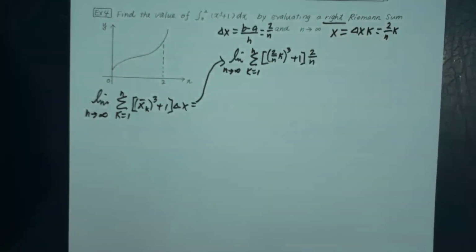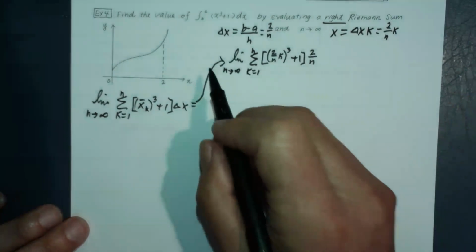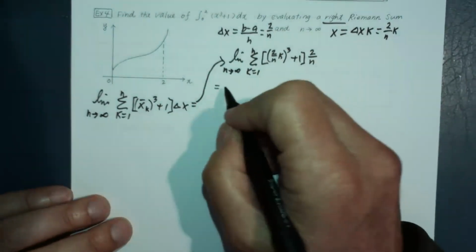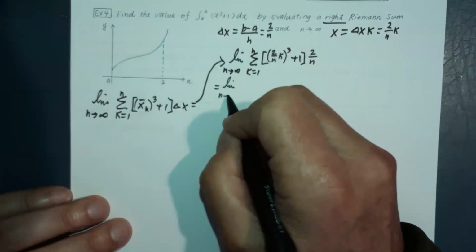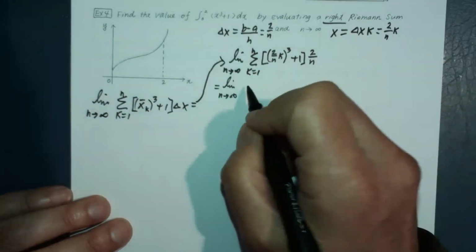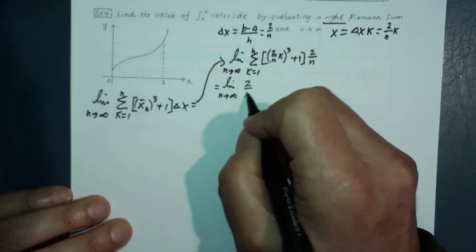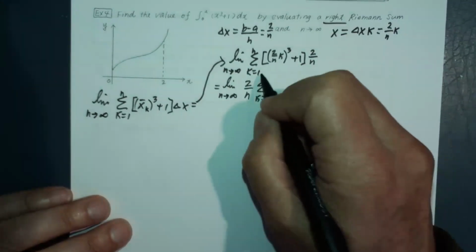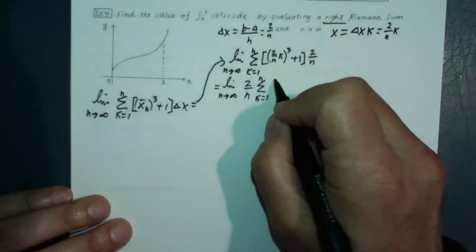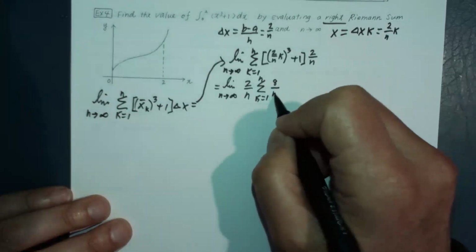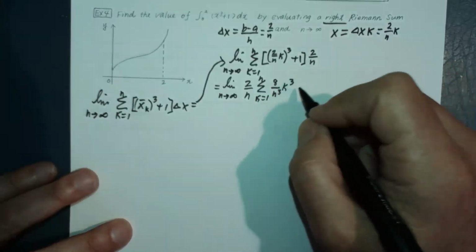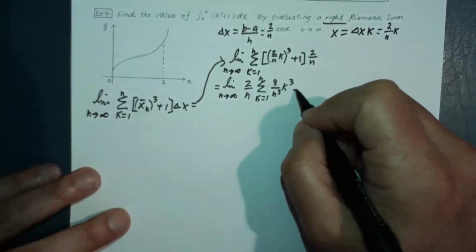All right, I'm going to go ahead and pull the 2 over n out of the summation. This is going to become 8 over n cubed, k cubed plus 1.